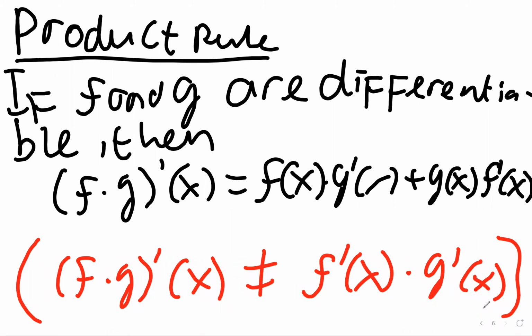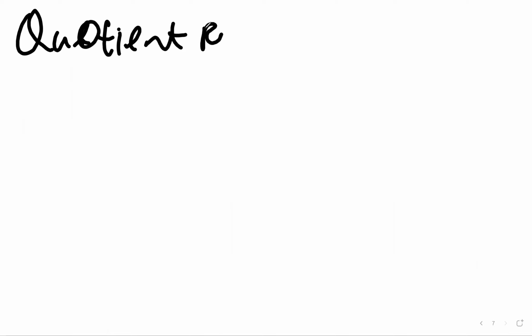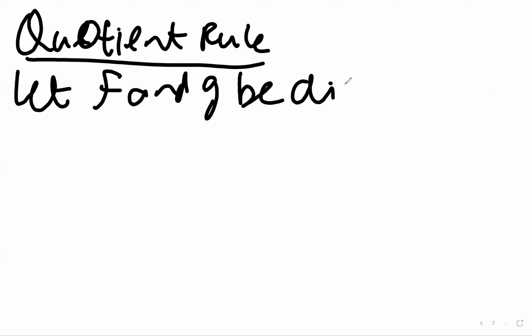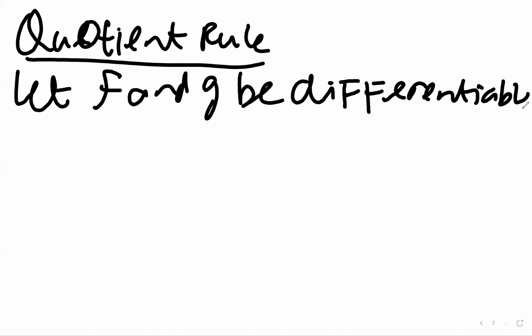The next one is the quotient rule. The quotient rule is about the ratio, or the division, of two functions. Let f and g be differentiable functions, and of course we restrict to the case where g of x is non-zero.